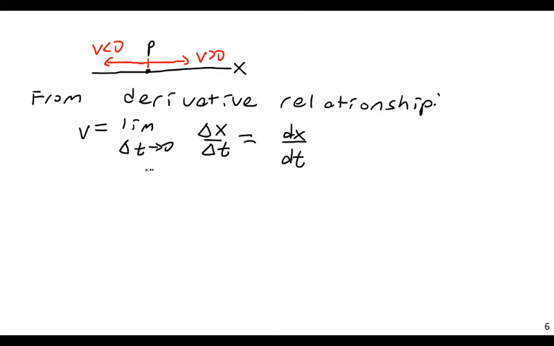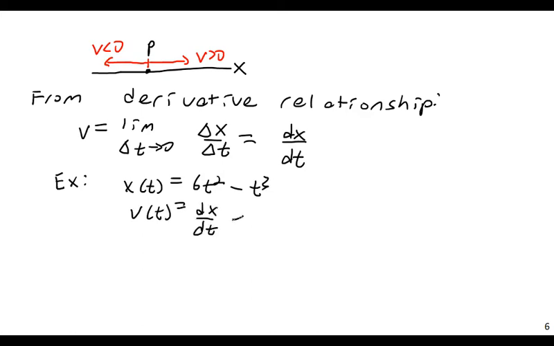In other words, it's a simple example, and you've seen this many times in your physics and even in your calculus classes. If x as a function of t is equal to 6t squared minus t to the third, then the velocity as a function of time will be equal to dx/dt, which is equal to 12t minus 3t squared.